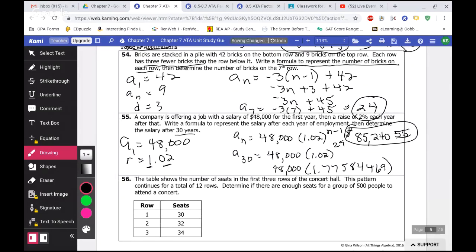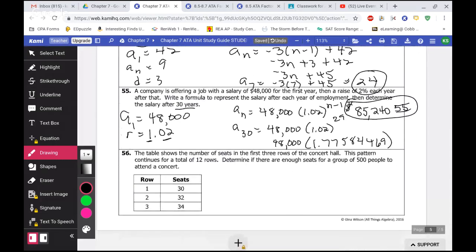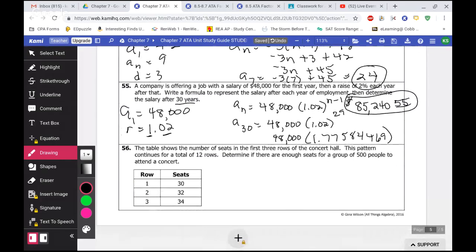And then here we go. The table shows the number of seats in the first 3 rows of the concert hall. This pattern continues for a total of 12 rows. Determine if there are enough seats for a group of 500 people to attend this concert.